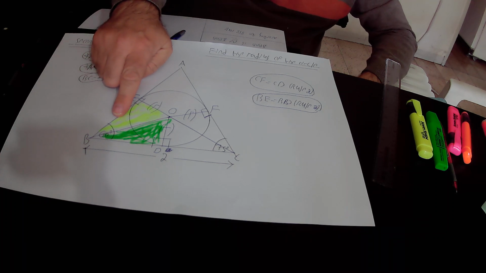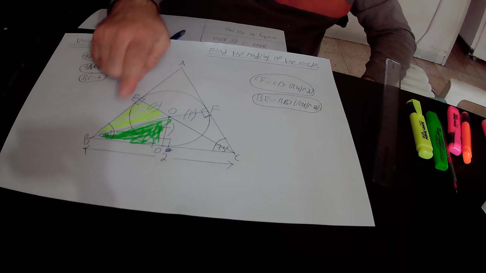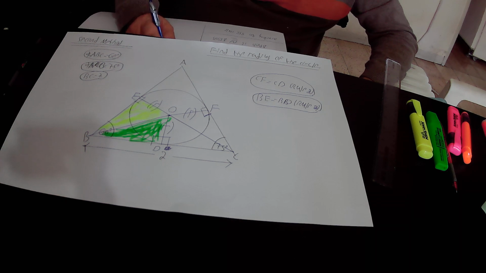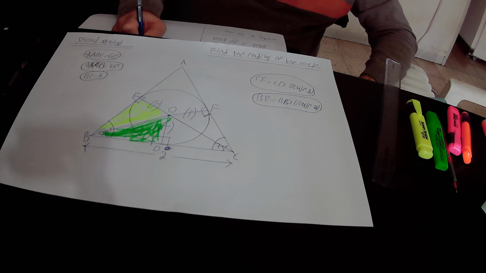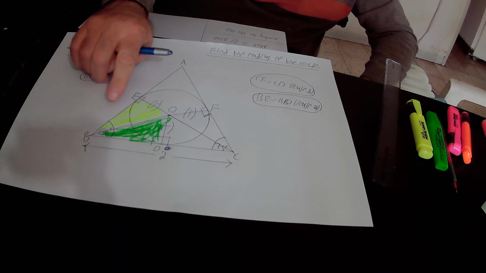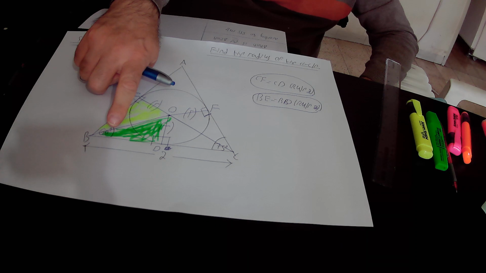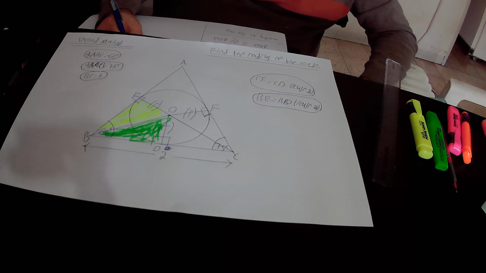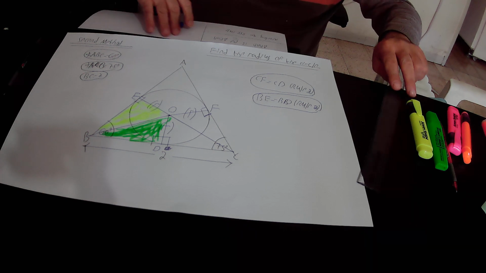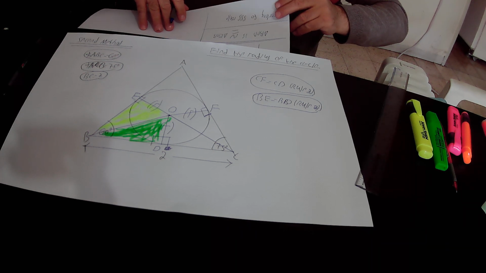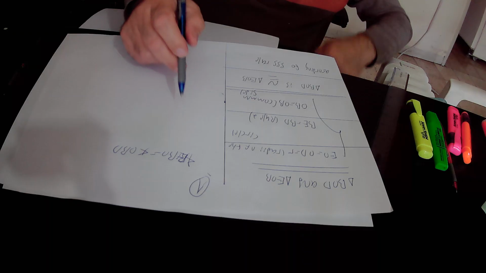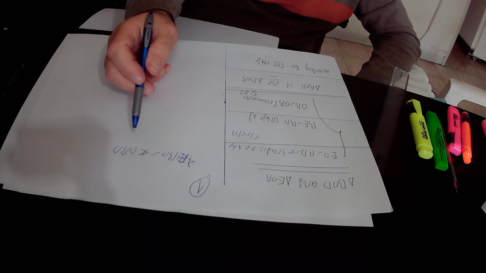So this is angle EBO in the yellow triangle. And it is equal to this angle, which is actually angle OBD in the green triangle. So we derive that angle EBO equals angle OBD.